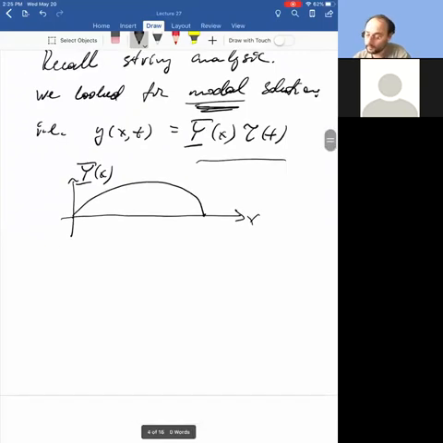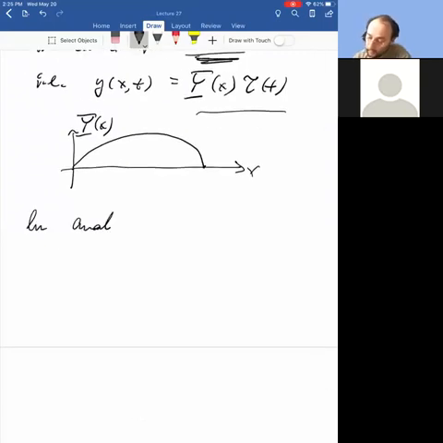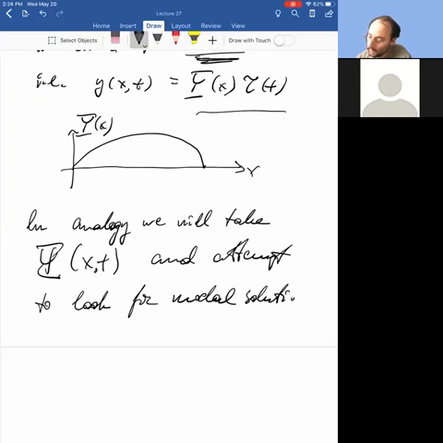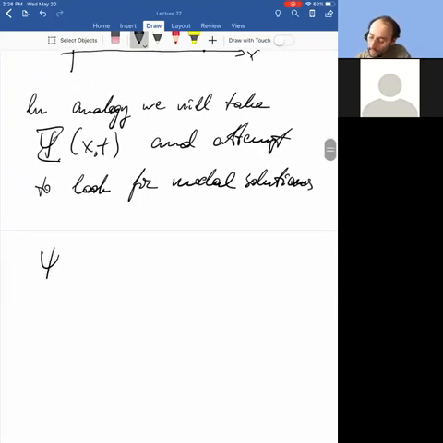So what we're going to do is take psi of x and t and attempt to look for modal solutions. In other words, we're going to first try to separate the variables. Now, a standard notation for the spatial part is a lowercase psi. This is uppercase psi.